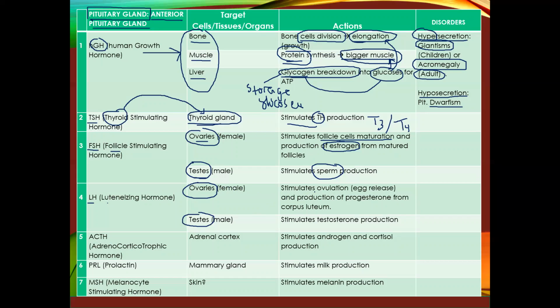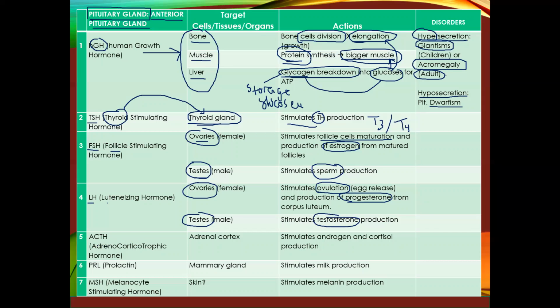On the ovary, the LH will stimulate ovulation, the release of the egg from the ovary into the uterine tube, and also production of other hormones produced by the ovary, like progesterone. Okay. And then for the males, in the testicle, the LH will stimulate production of testosterone.